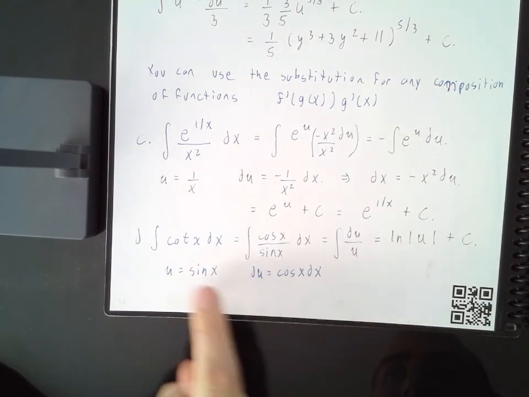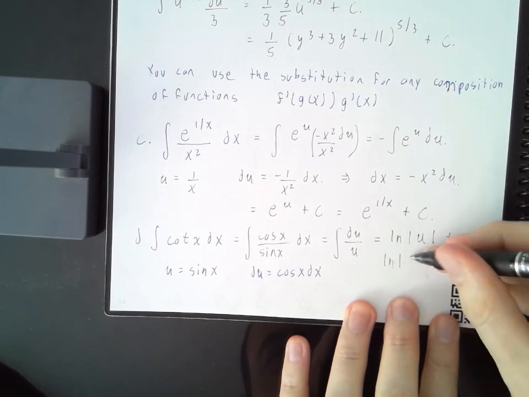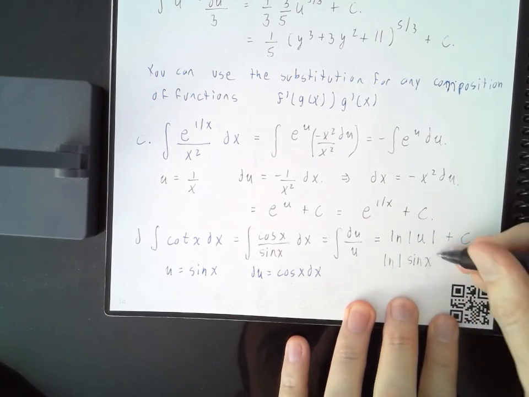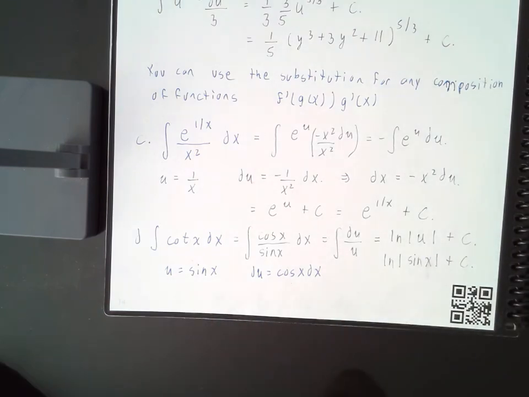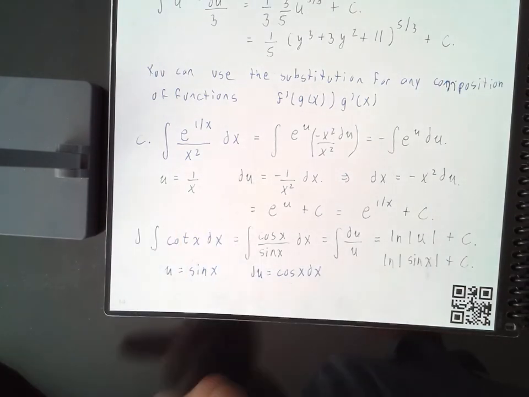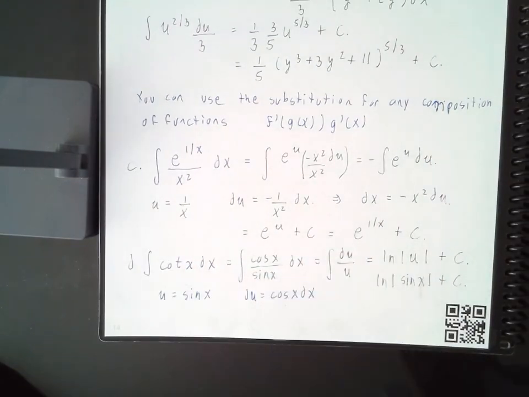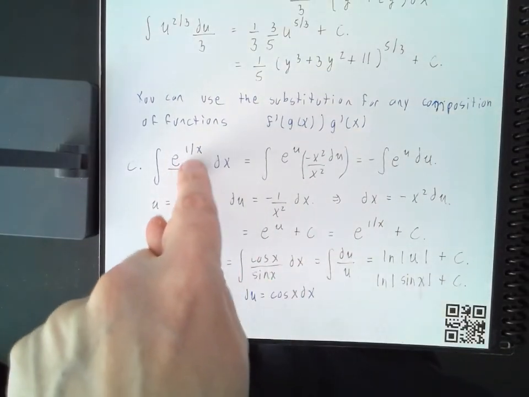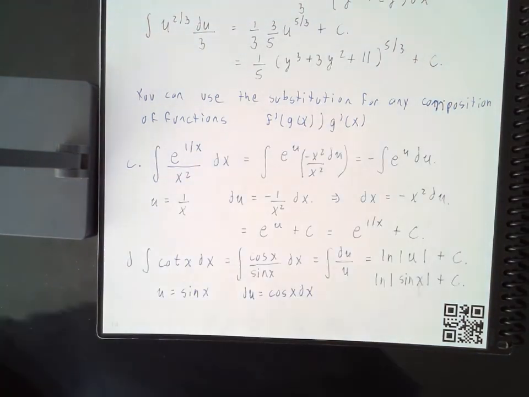And then finally, I'm just going to replace u with sine of x. So this is the integral of cotangent of x. The integral of tangent is going to be very similar, and we can do a lot of these problems using the composition rule as long as you happen to find that u and its derivative are over there.